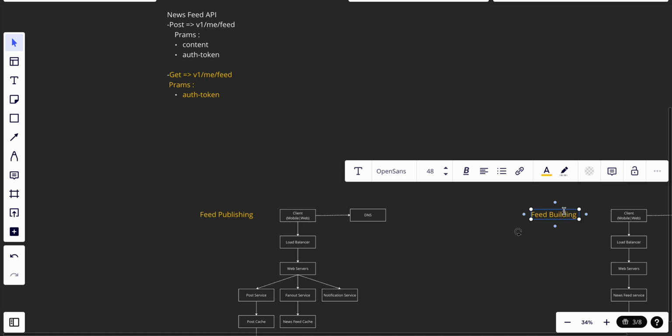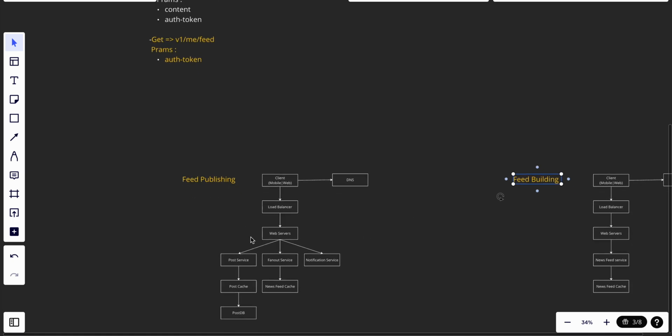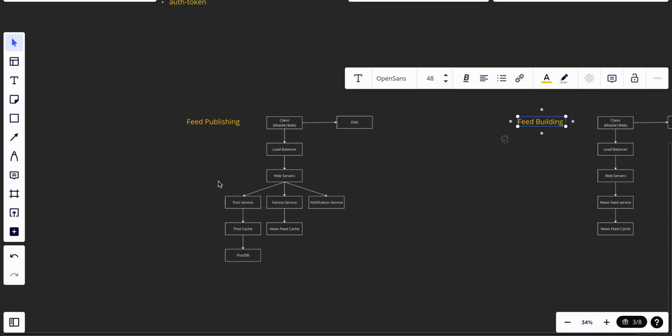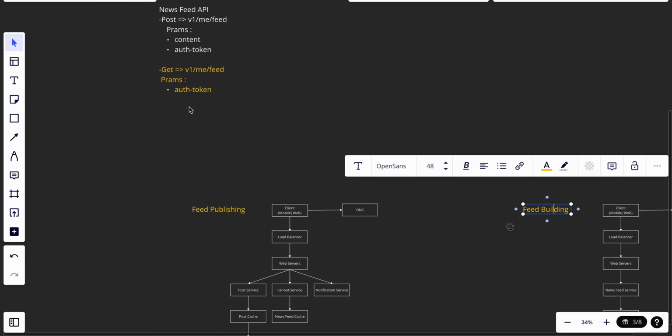So we have feed publishing and retrieve. This is for feed publishing. We're using a post request for feed publishing, because when we create a post and feed, and for feed building, let's say feed retrieve.